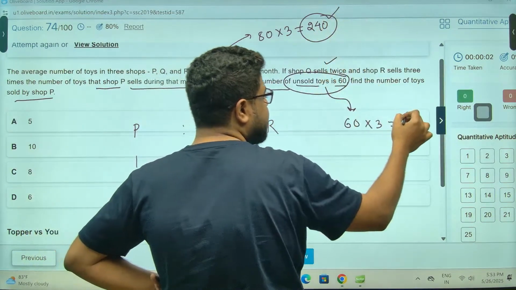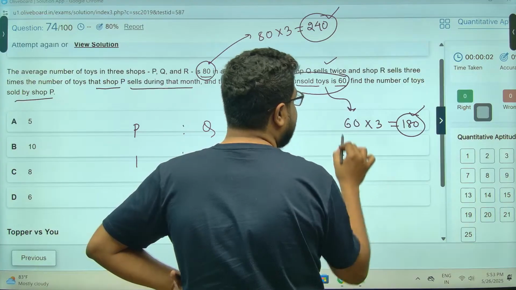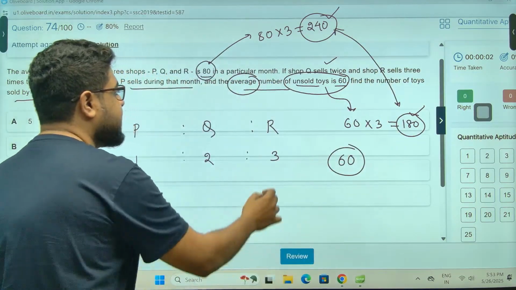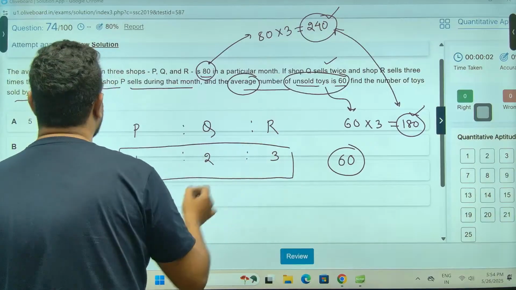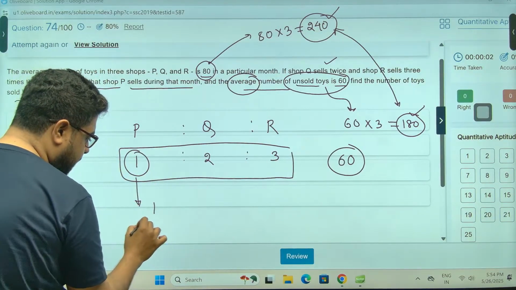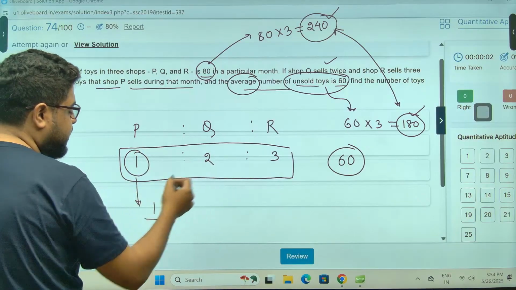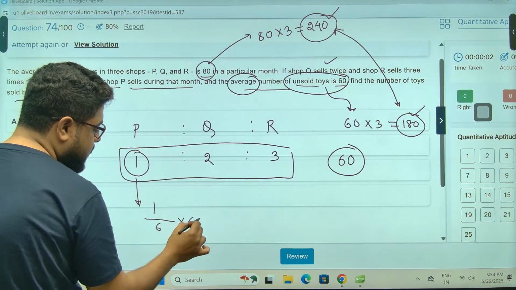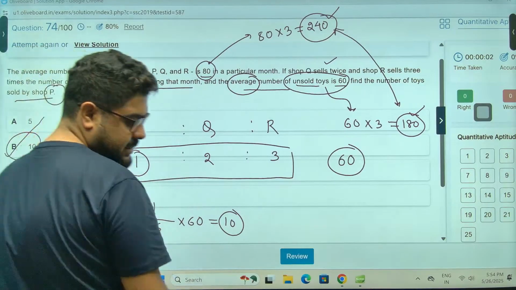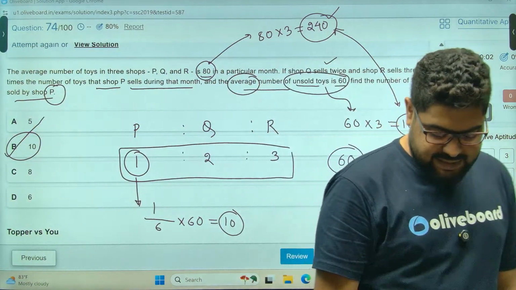This much was there, this much went unsold, so subtract. 60 toys were sold in this ratio. They are asking the value of one part, sold by P out of 3 plus 2 plus 1, 6 parts. So how many toys? 10 toys. Option B is the answer.